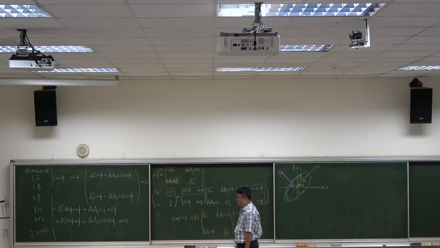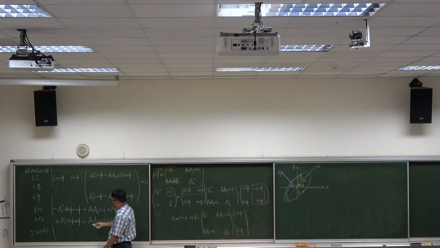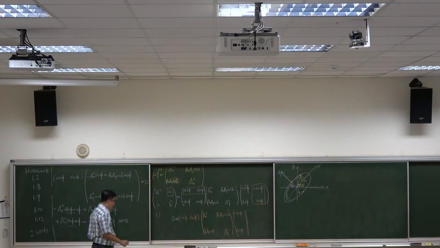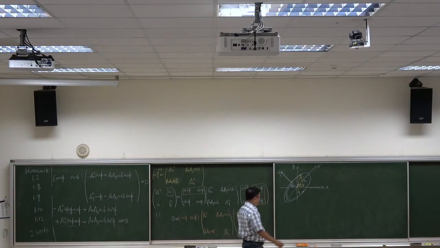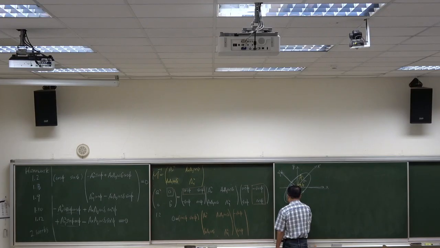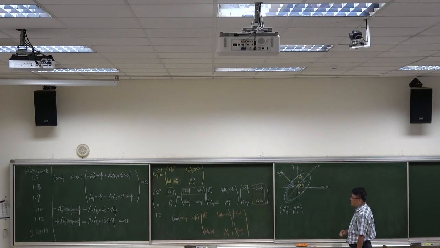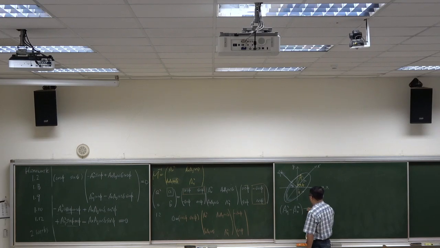And we can collect the result. Ay squared minus ax squared times sine phi cosine phi. We know that 2 sine phi cosine phi is sine 2 phi. So we can write this as 1/2 sine 2 phi.